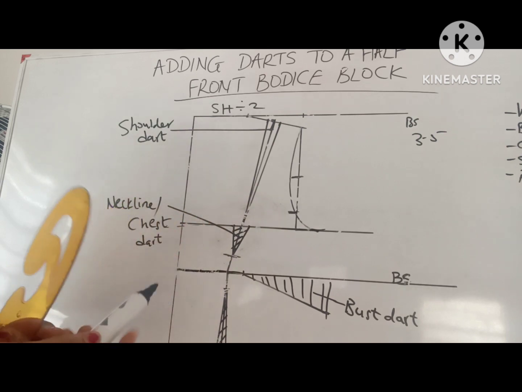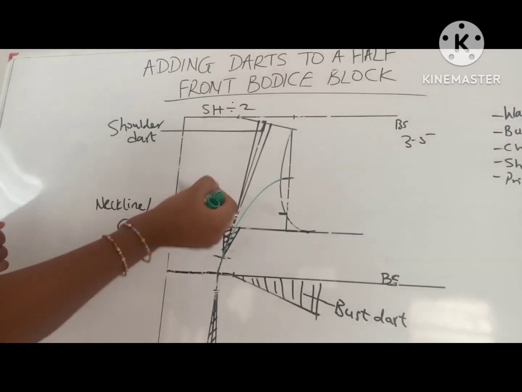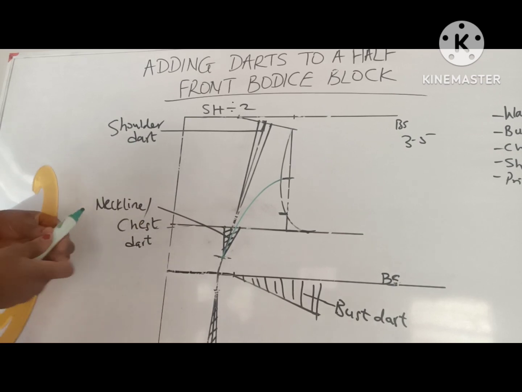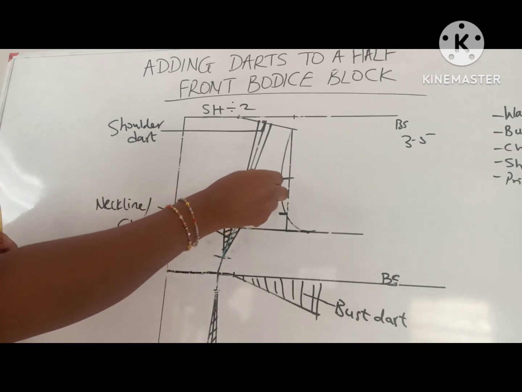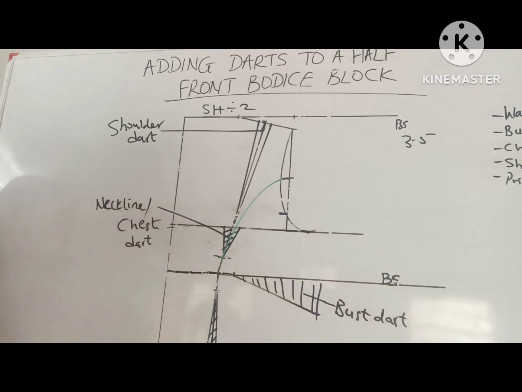Let me use another color of marker. So this is a princess dart for a basic front half bodice pattern.